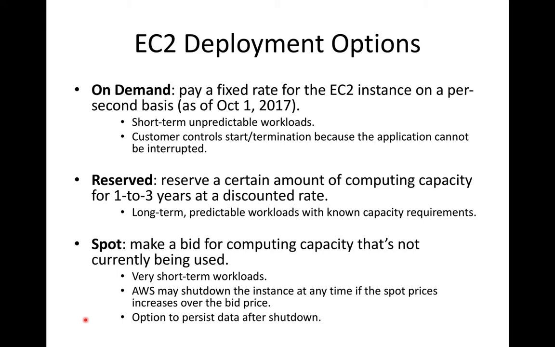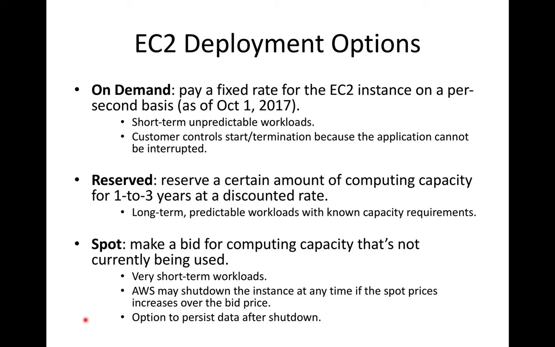When they figure out that utilization, you have to use the instance for at least 1 minute. So it's not possible to be billed for 10 seconds of utilization. You're going to be billed for at least 1 minute worth of utilization, and then every second beyond that first minute.